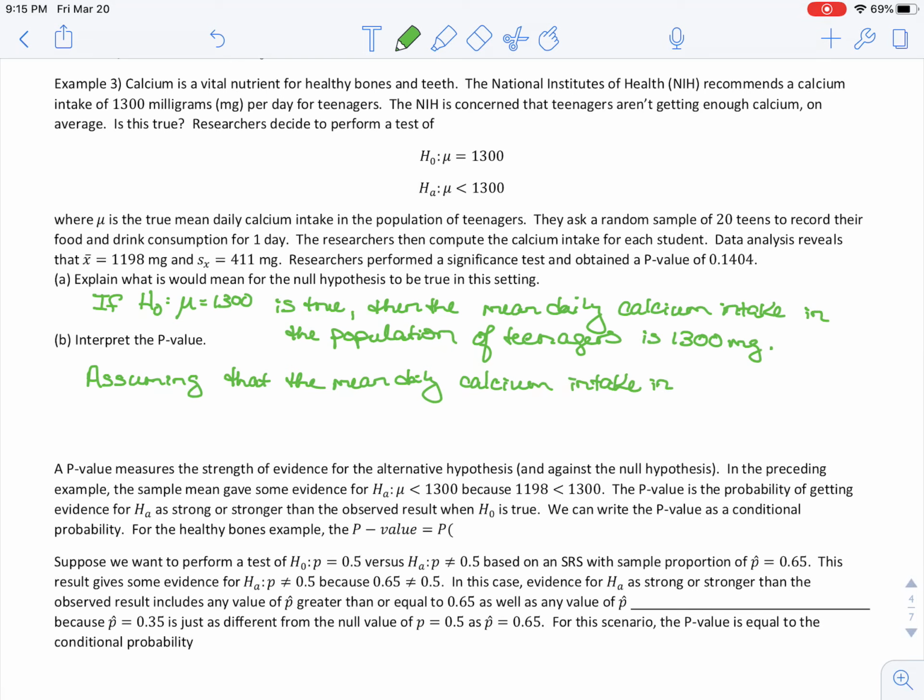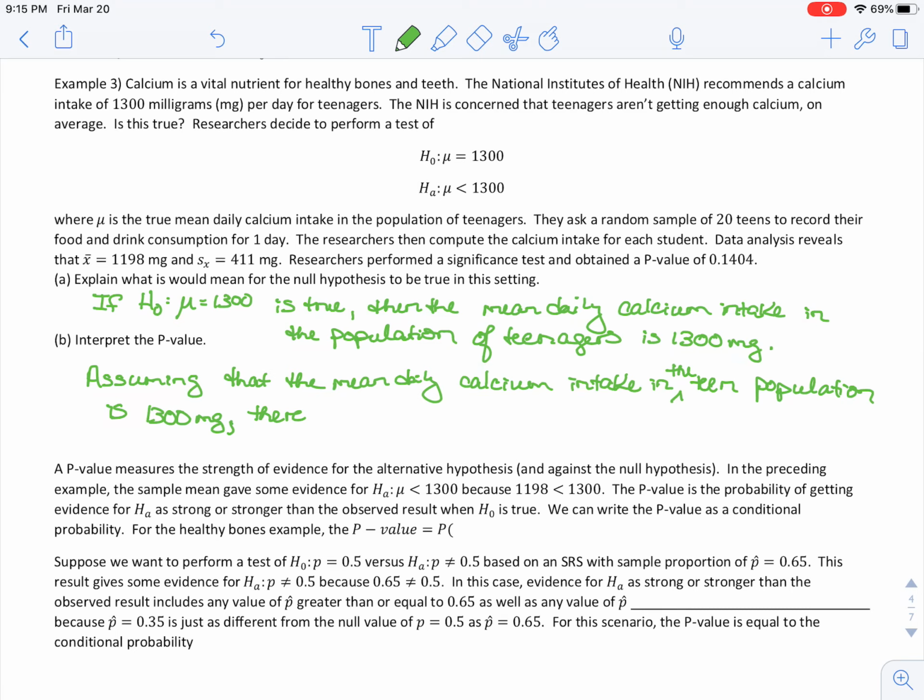So assume that in the teen population, it is 1,300. So assume that's true. Assuming that's true, then that's the probability of getting this type of sample mean.